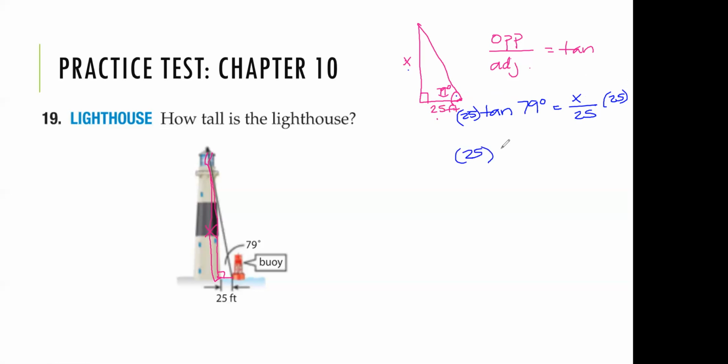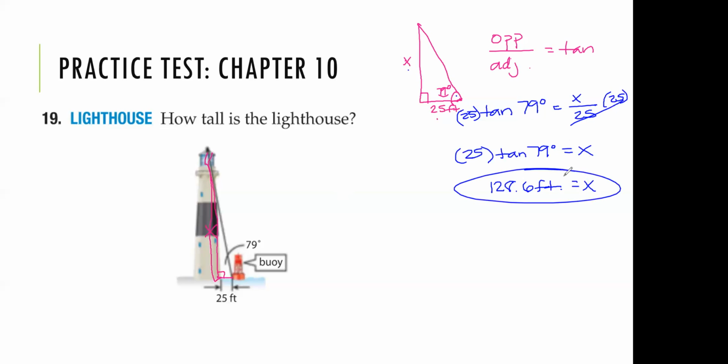So 25 times the tangent of 79 degrees is equal to x. So I type that in the calculator, 25 times tangent of 79. And when you do that, and you round to the nearest tenth, you get 128 6/10 feet. That is the height of the lighthouse.